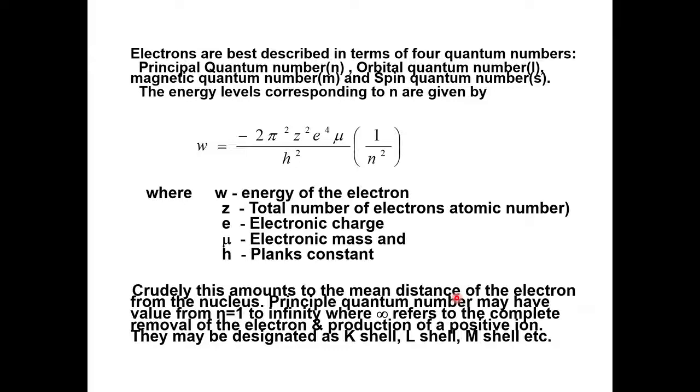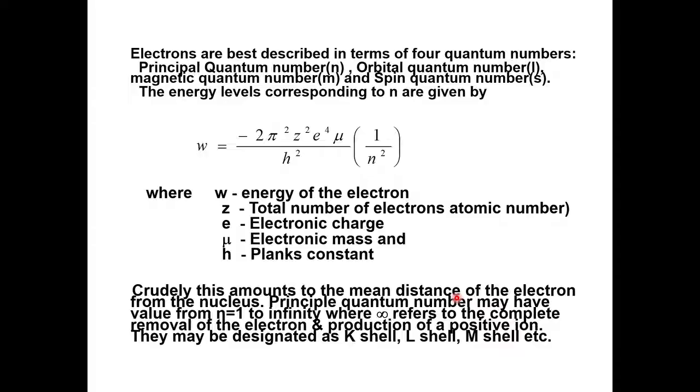It does not mean an electron position from the nucleus to infinity, no. It refers to the position of the electron around the nucleus where it is completely removed from the influence of the nucleus. When you remove an electron, it produces a positive ion. That is the point at which infinity is defined.